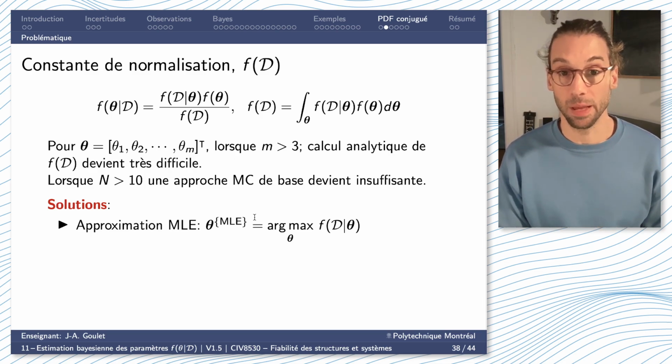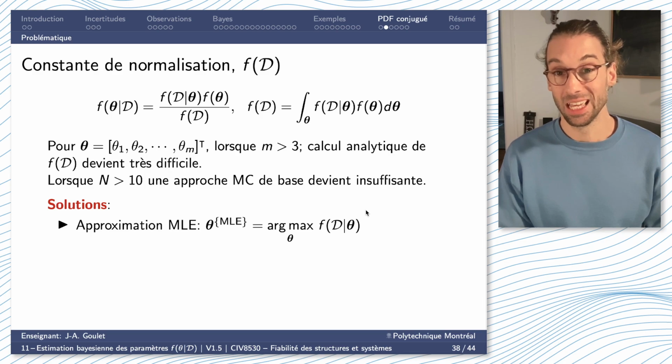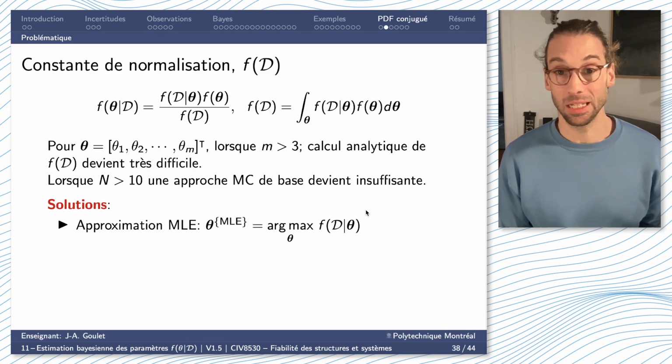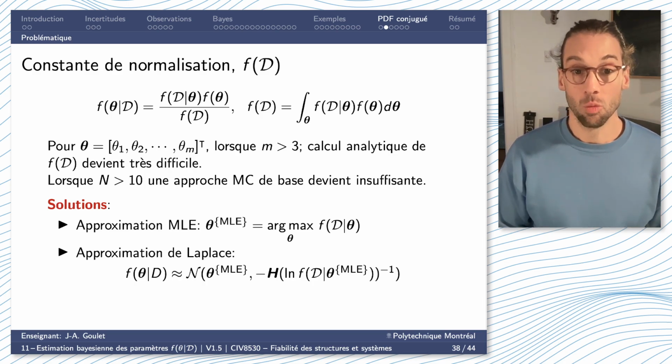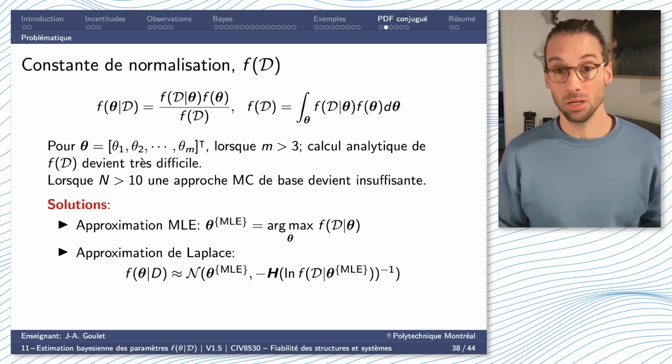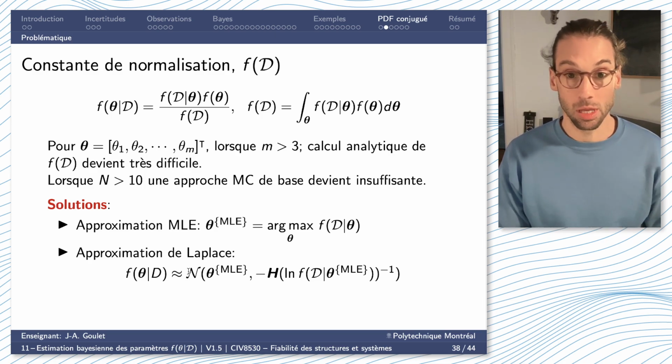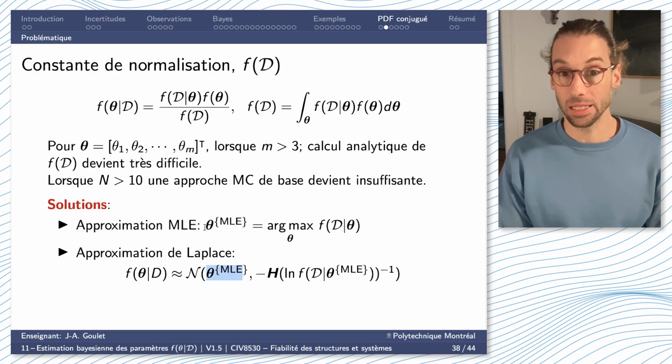So we're going to treat Bayes as an optimization problem. This is good, but this is not conservative, and it is going to neglect the uncertainty. This is not something that is necessarily desirable. We can do a Laplace approximation. It consists in approximating our posterior for the parameters by a normal, where the mean of the normal is going to be the theta MLE obtained here, where we maximize the likelihood, finding the most likely value of the parameters.